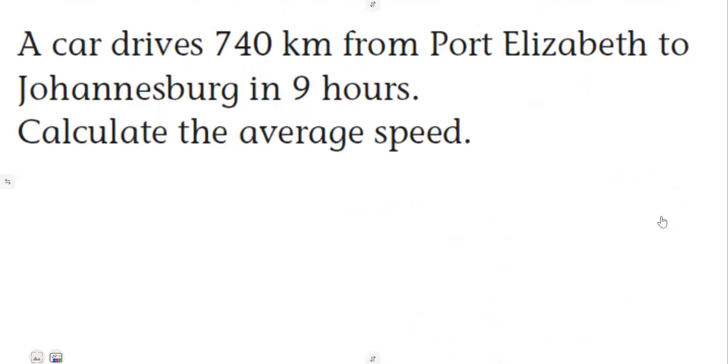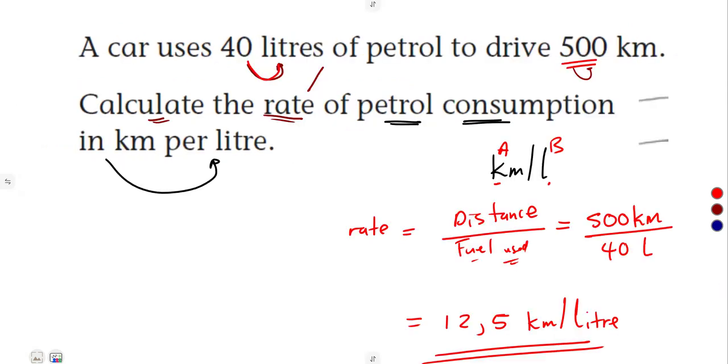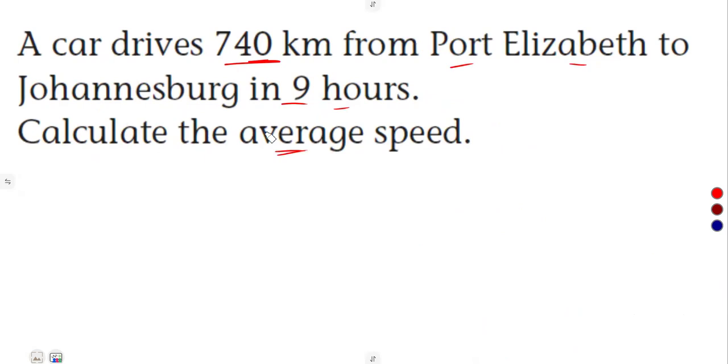All right, let's consider another one. A car drives 740 kilometers from Port Elizabeth to Johannesburg in 9 hours. Calculate the average speed. They never mention rate like here. Why are they not writing that? Because they know you are supposed to understand that speed represents a rate.